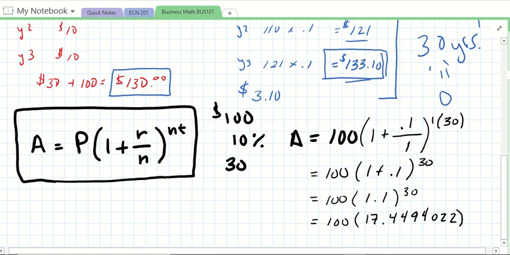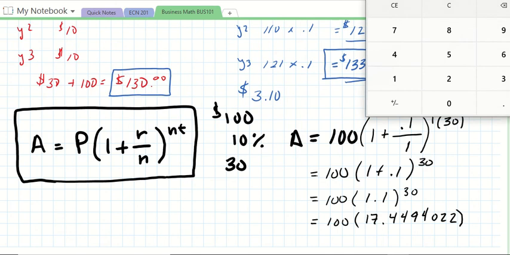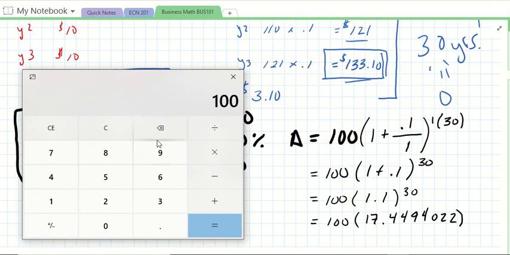So we know, all right, I'm going to bring up my calculator here. So we want to know 100 times 17.4494.